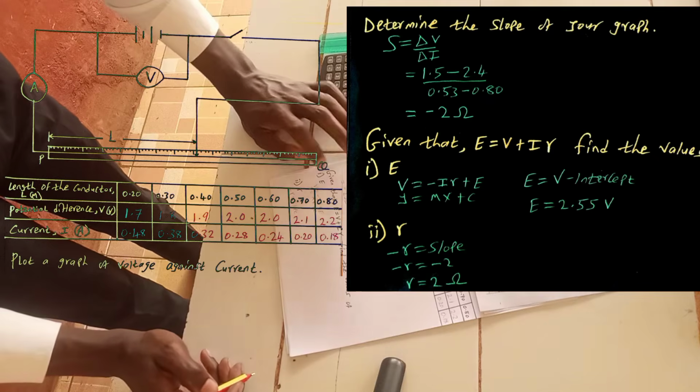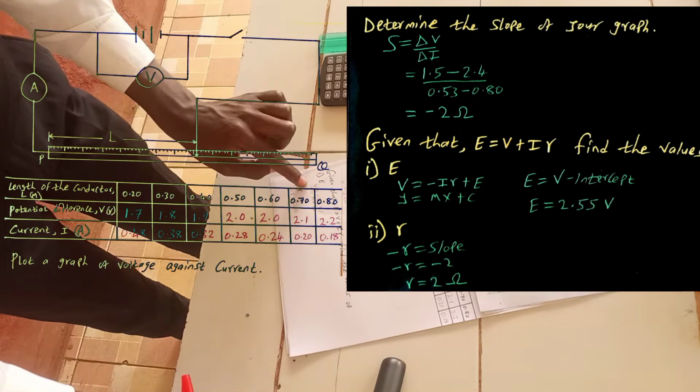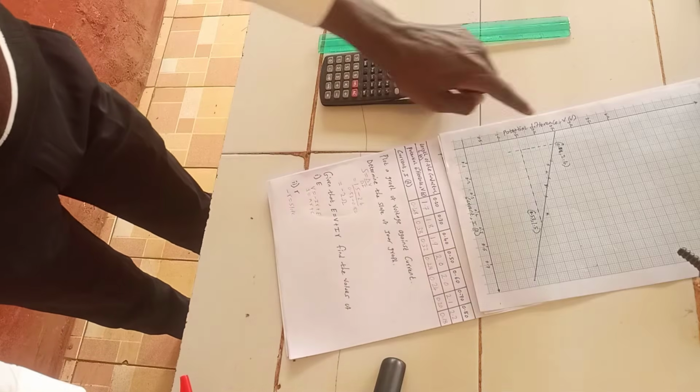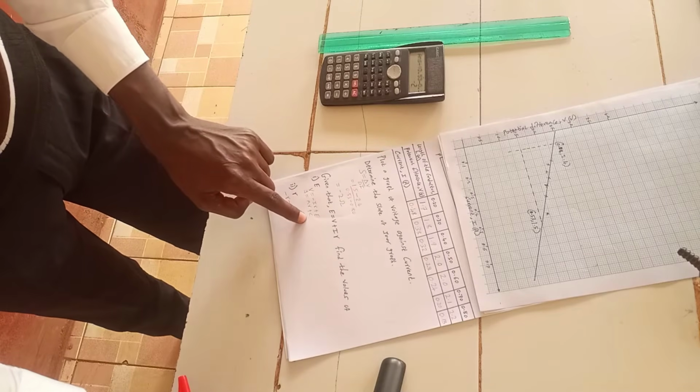And then EMF is the intercept, because C is the y-intercept, where m is slope.